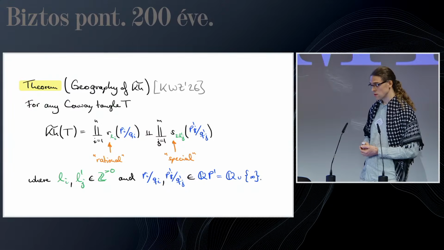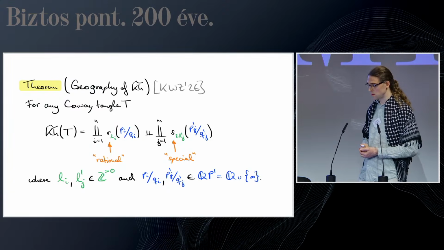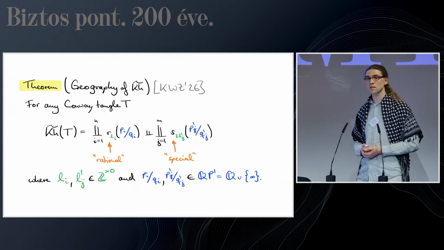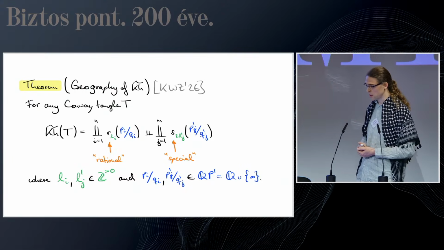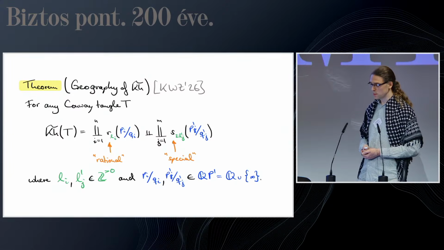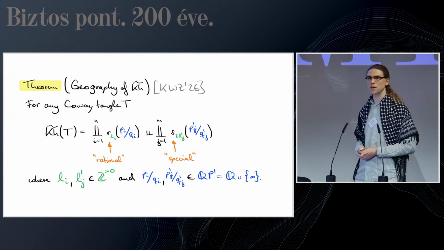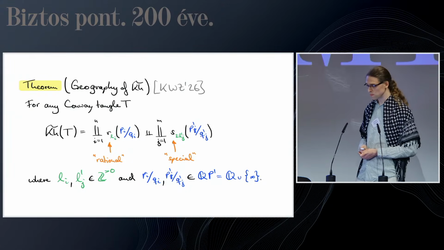What we then also need to determine a component is its slope, so some element in the rational projective line, and some length, so some L j prime here. We know that the rational components can, in theory, be of any length, though in practice we've only seen length 1 and 2.